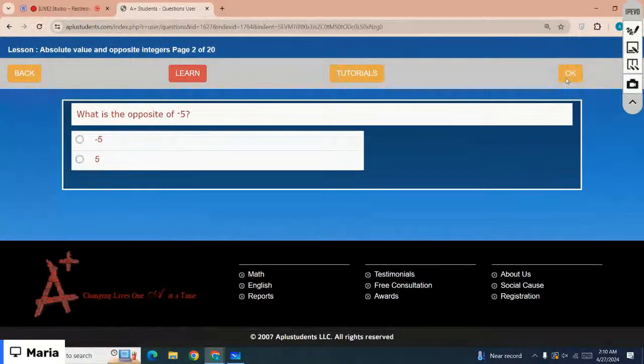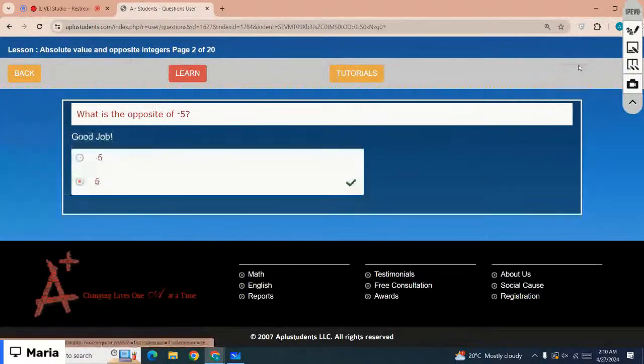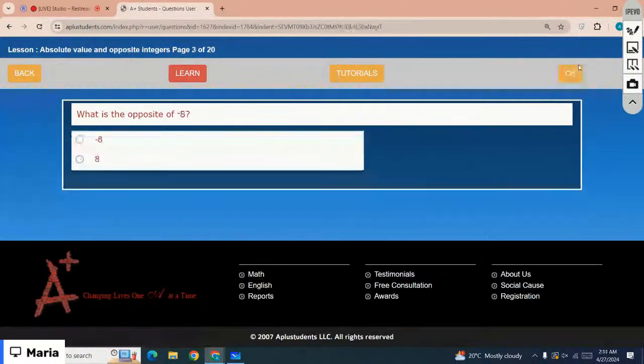What is the opposite of negative 5? Yes, positive 5 it is. Opposite of negative 5 is positive 5.